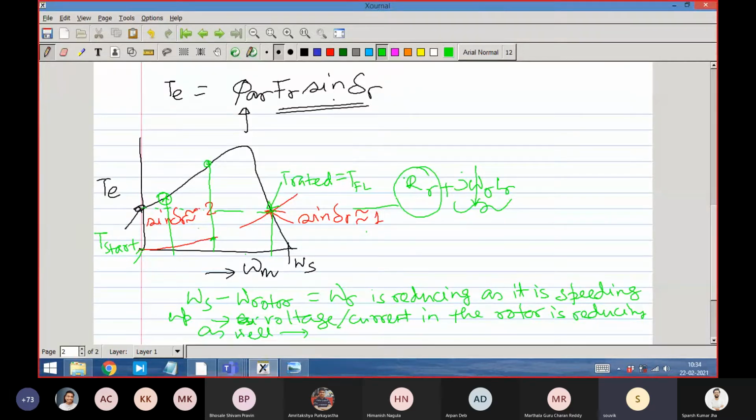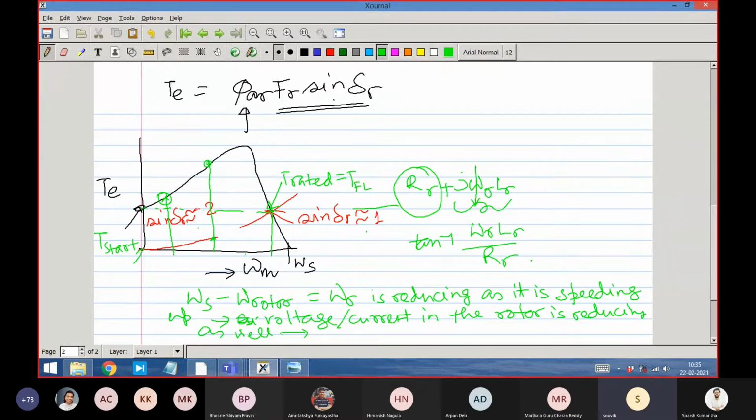It is improving the power factor, because the power factor angle is tan inverse of omega R LR by RR, right? That means the current is coming almost in phase with the voltage that is induced. And the voltage and flux are 90 degrees apart.